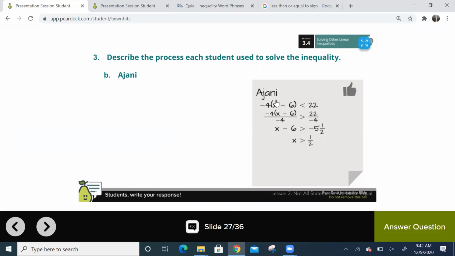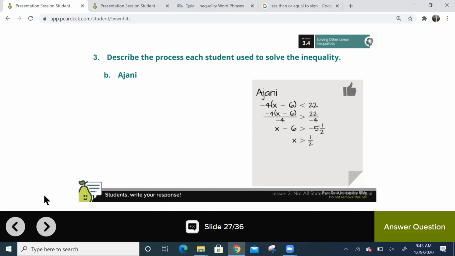Okay, Johnny, let's see, how did he do it? Instead of distributing, he divided both sides by negative 4. Now, I do this sometimes, but before I do it, I like to look at the number on the other side and see if it's divisible by the number I'm dividing by. Notice how the number becomes negative 5.5. So I wouldn't suggest dividing by negative 4, just because I don't want to deal with the fraction.